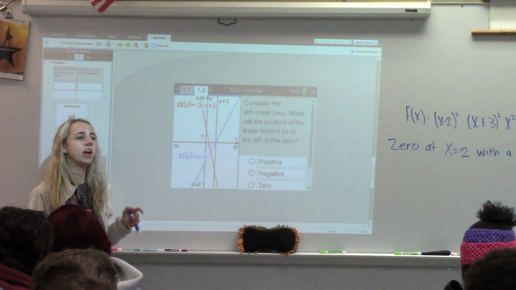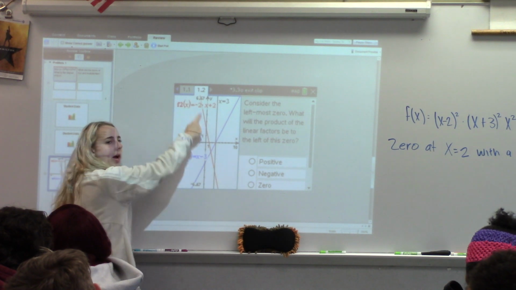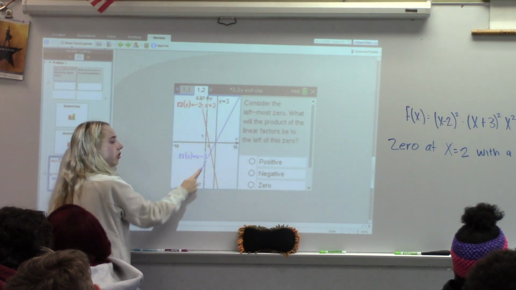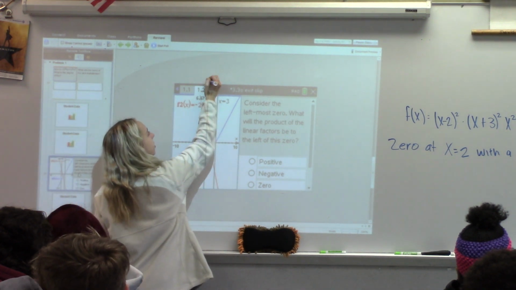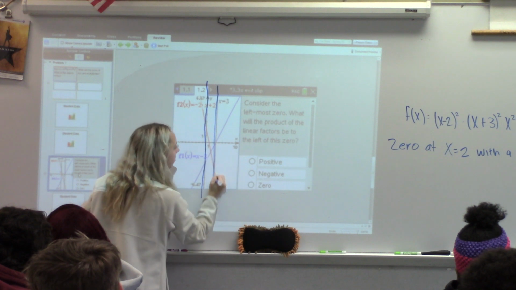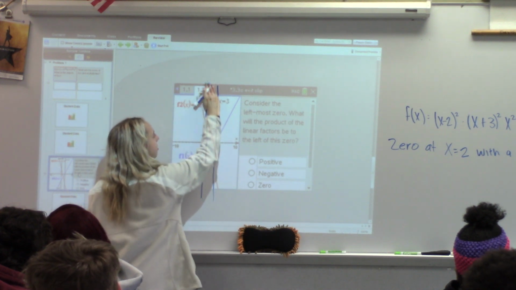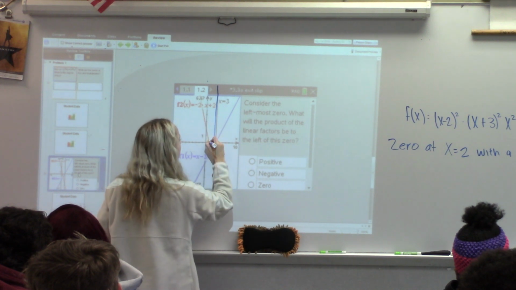Okay, do y'all understand why we can say that this red function is positive and this blue one is negative? Remember when we split the graph into 3 regions based off of the zeros, not the axes.